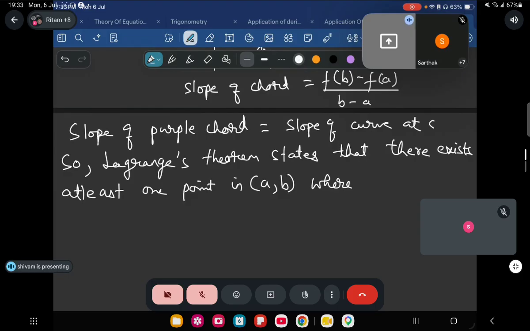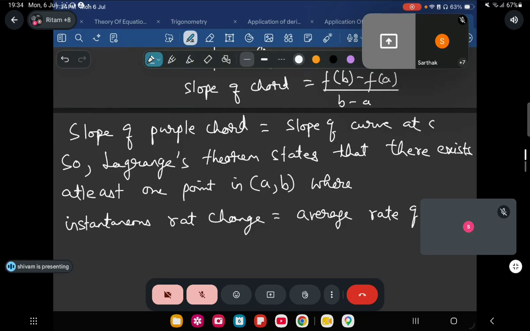One point in A comma B where the instantaneous rate of change will be equal to the average rate of change. However we draw the graph, average rate of change. Anyone having any doubt, you can ask me. If the function is continuous and differentiable, remember.